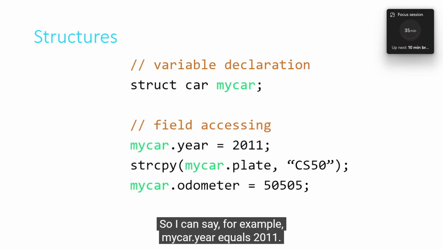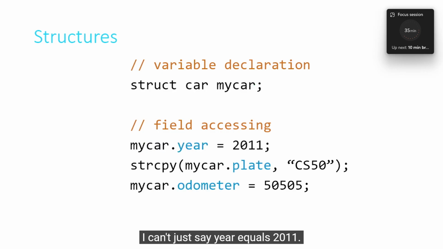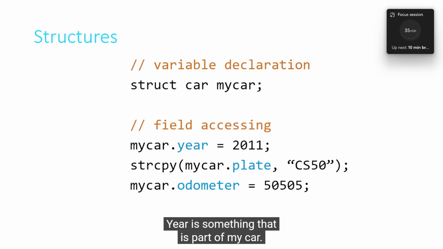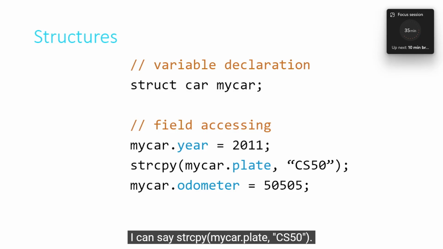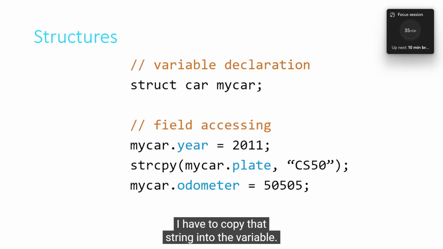So I could say, for example, mycar.year equals 2011. I can't just say year equals 2011. Year is something that is part of mycar, so I have to always refer to it in the context of mycar. I can say strcpy mycar.plate, CS50. Remember, it's a string. I can't just assign it. I have to copy that string into the variable.